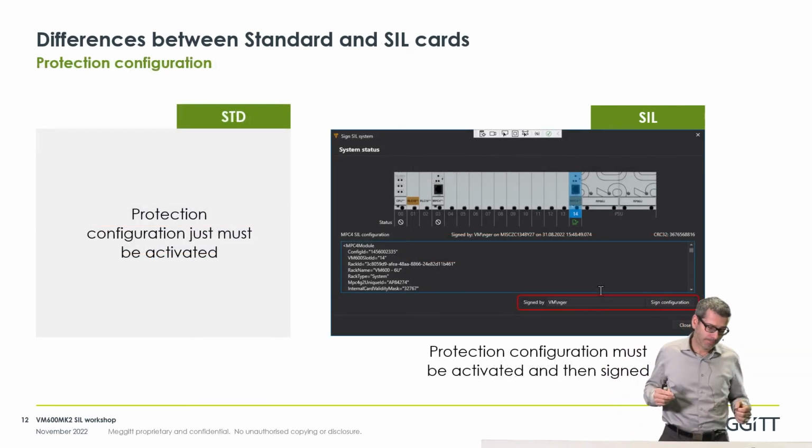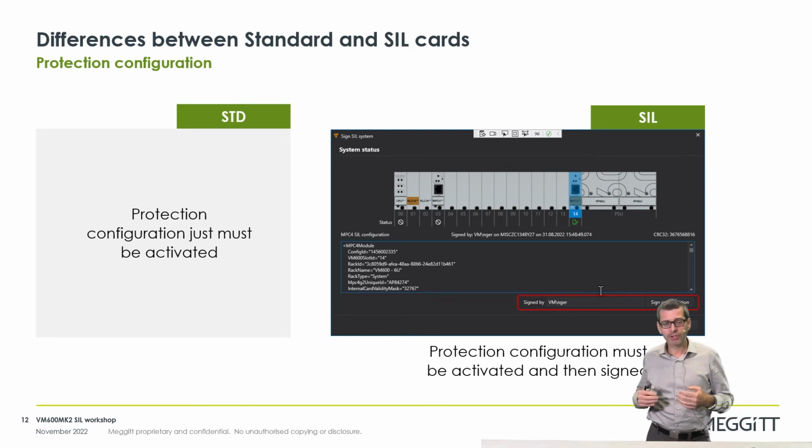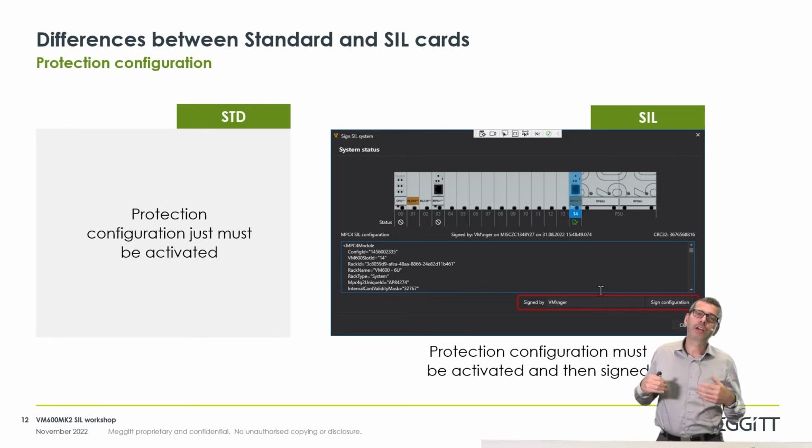Then the SIL certification imposes an additional step to set up the rack. A standard MPC4 has to be configured, and that configuration has to be activated to the rack via the Ethernet cable. And that's it. The card will do its job. It will protect the machine. In the case of the SIL card, there is an additional necessary step, which is the signature of the configuration.